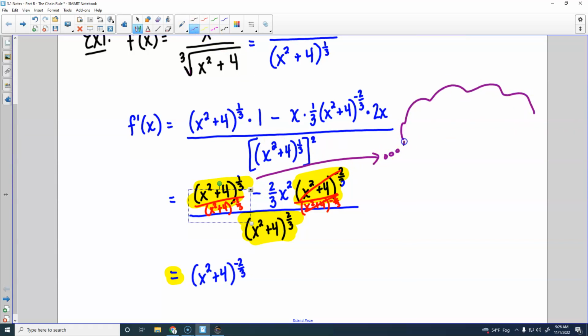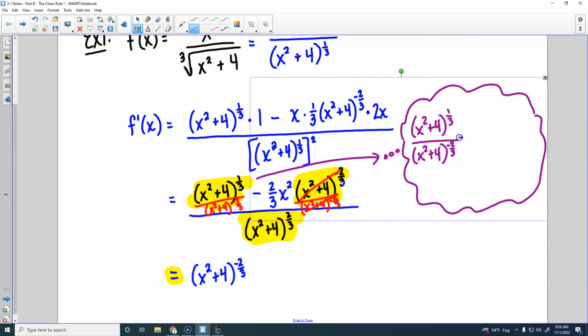But over here, my little thought bubble of what is happening, I've got x squared plus 4 to the 1/3 over x squared plus 4 to the negative 2/3. What do you do with those negative exponents? Move them up to the top.